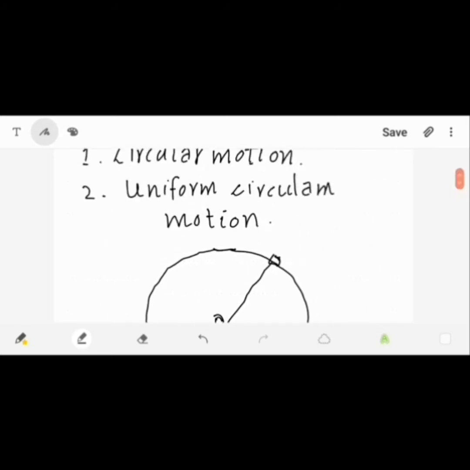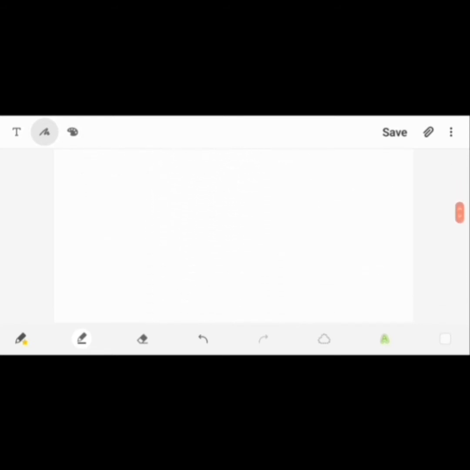The next topic which you have to study is centripetal force. Centripetal force is to be explained by taking the previous example in which the stone was rotating in the circular path with uniform speed.